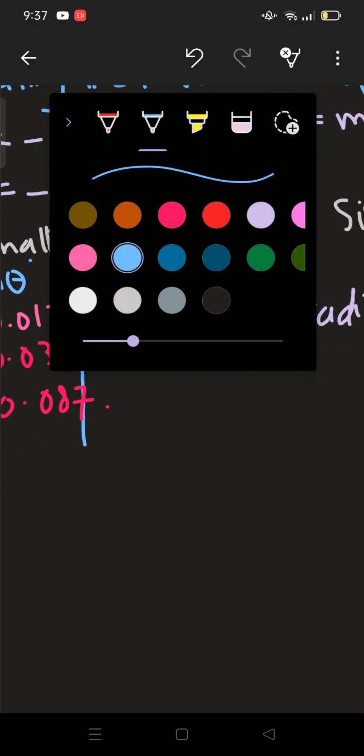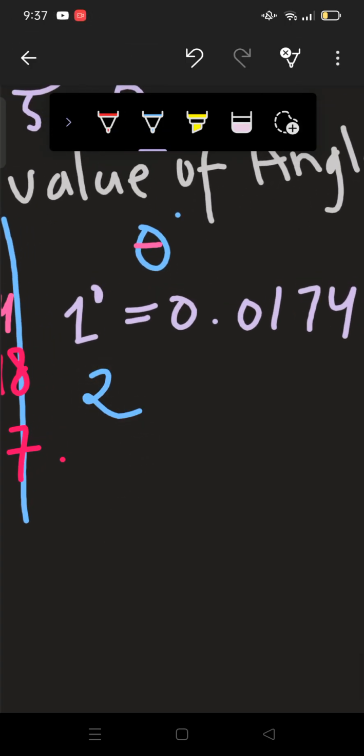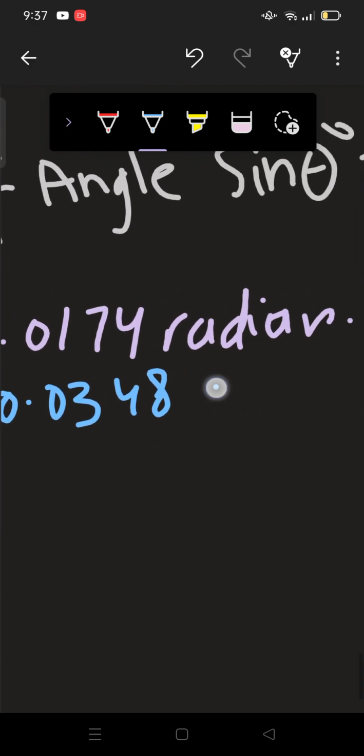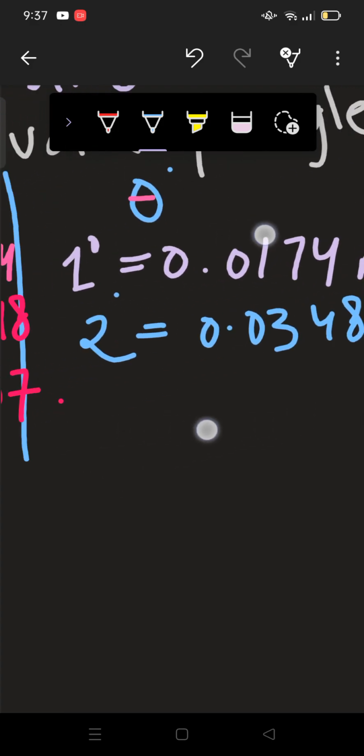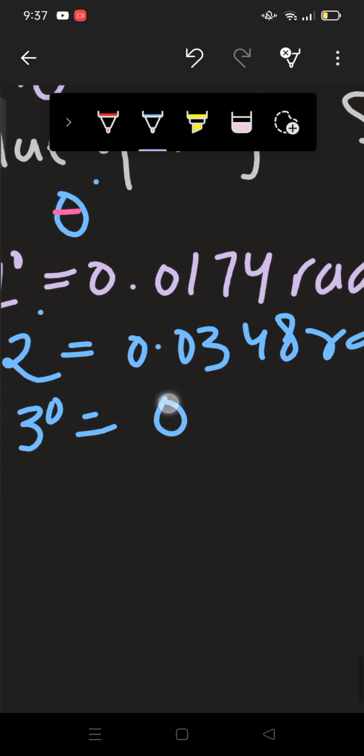Let's see here too: 2 degree is equal to 0.0348 radian, and 3 degree is equal to 0.087 radian.